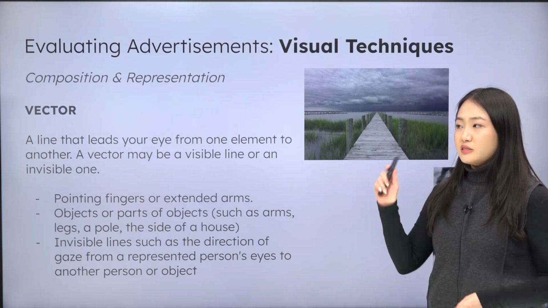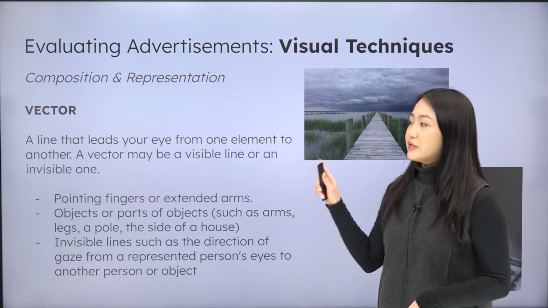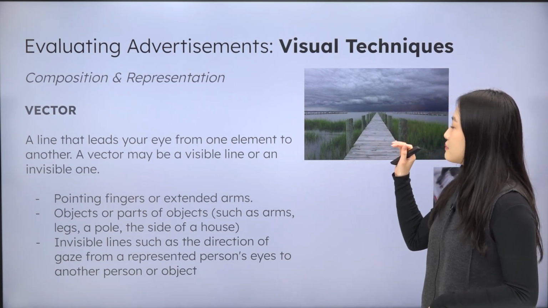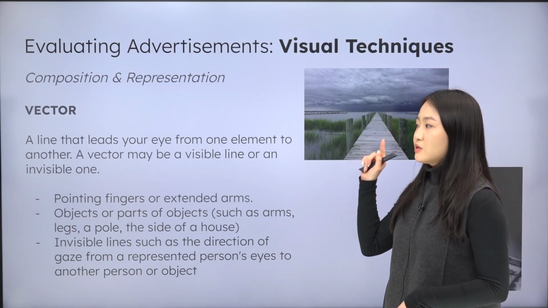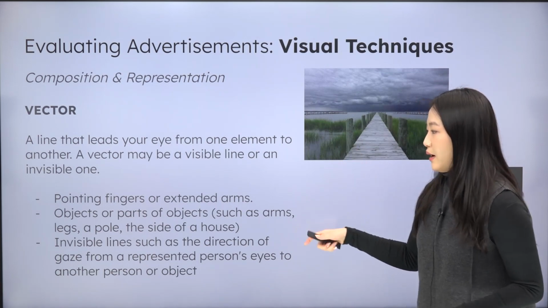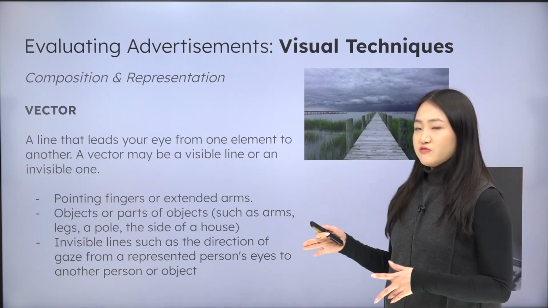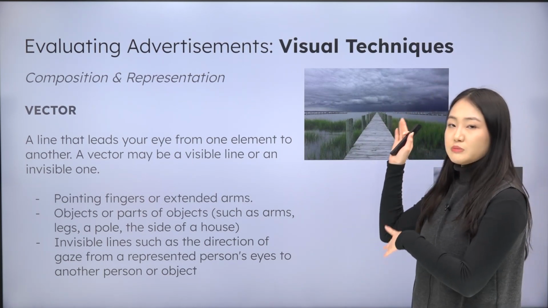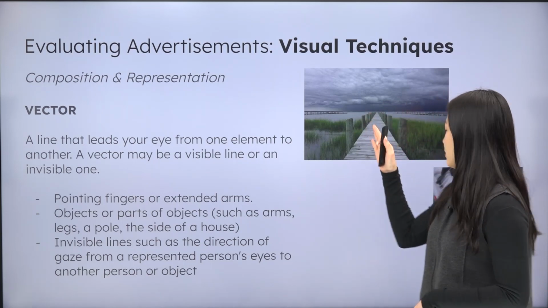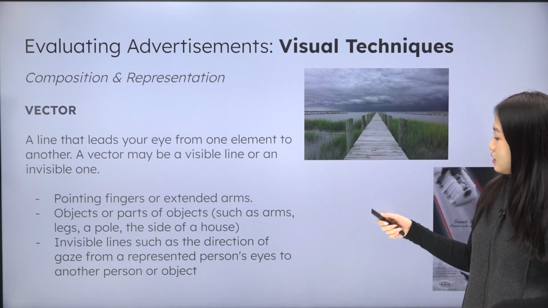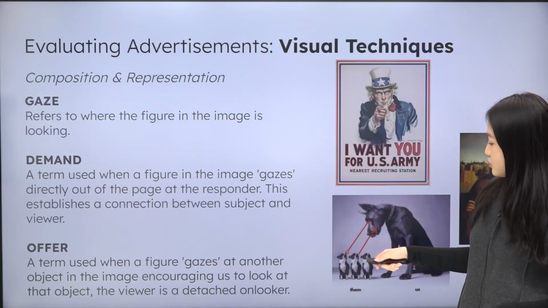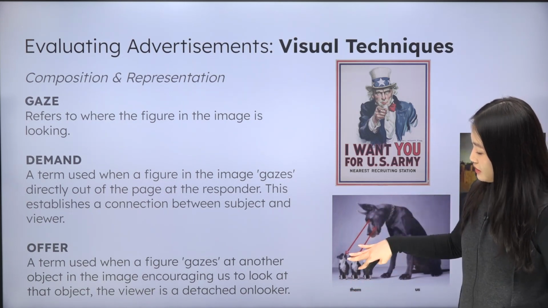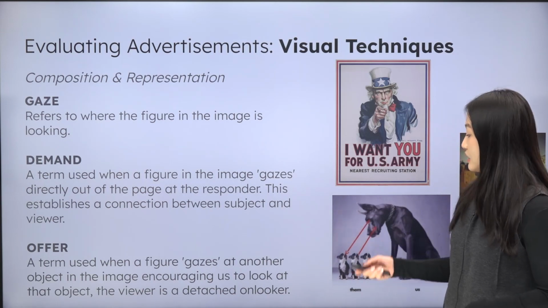And this is done very particularly in advertisements, so I would always make sure to see if there are any odd lines or any type of object that makes your gaze follow a certain pathway. Invisible lines usually refer to the direction of your gaze from a represented person or subject's eyes to another one. So like I said before, in this picture, this dog's gaze is looking right down, and that would be considered as a vector or an invisible line.